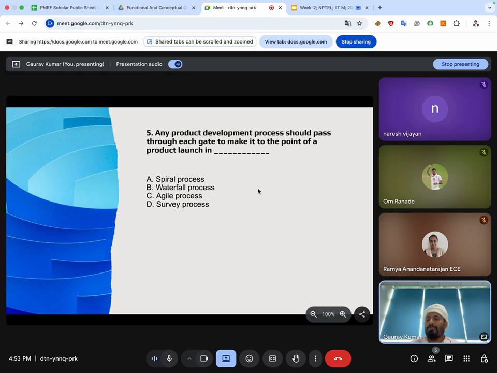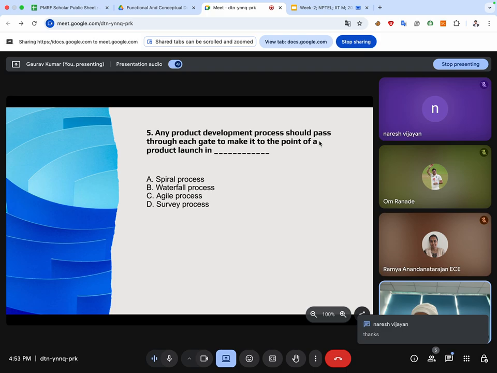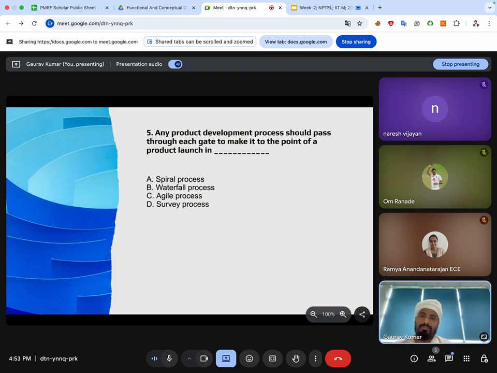So okay, coming to the next question, question number 5. Any product development process that should pass through each gate to make it to the point of a product launch is a dash. What will be the right answer? Question number 5. Any guess?